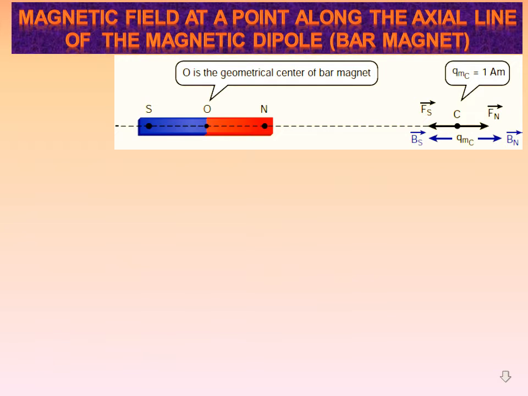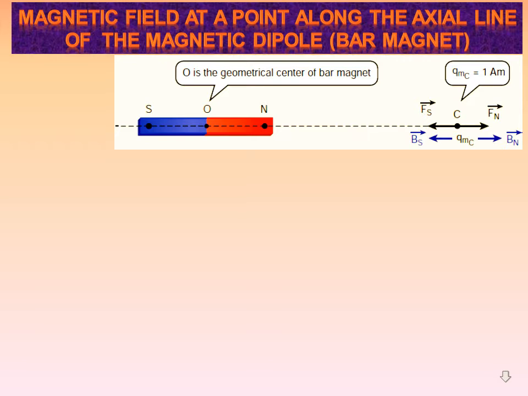Now let's see the magnetic field at a point along the axial line of a magnetic dipole, a bar magnet. Already we saw this type of thing in electrostatics also. We saw an electric dipole along an axial line in electrostatics.